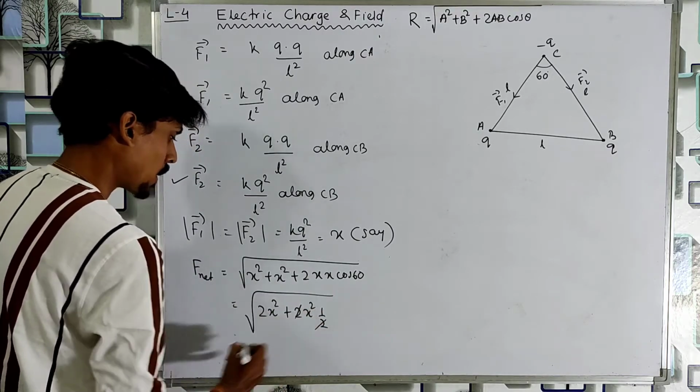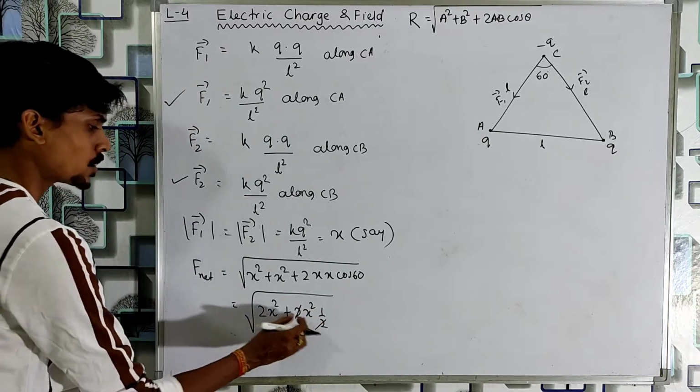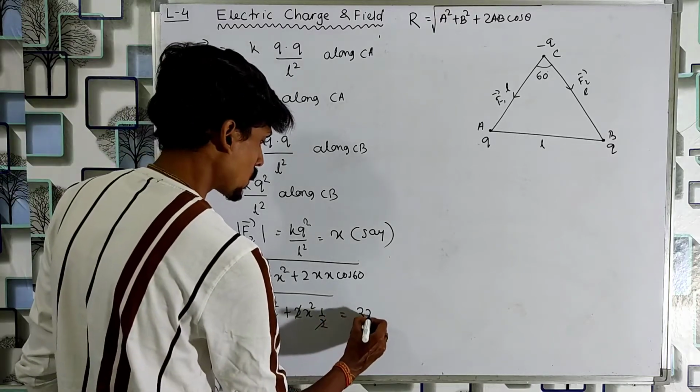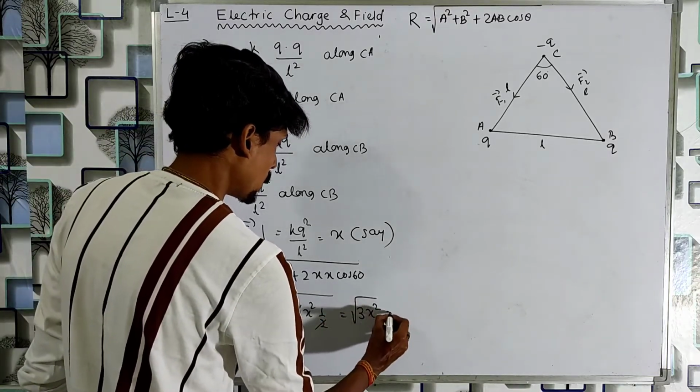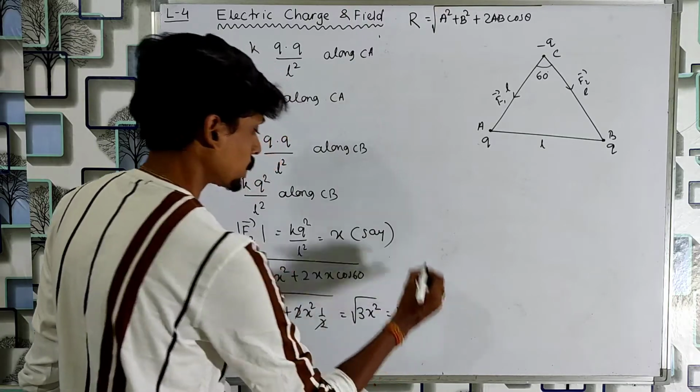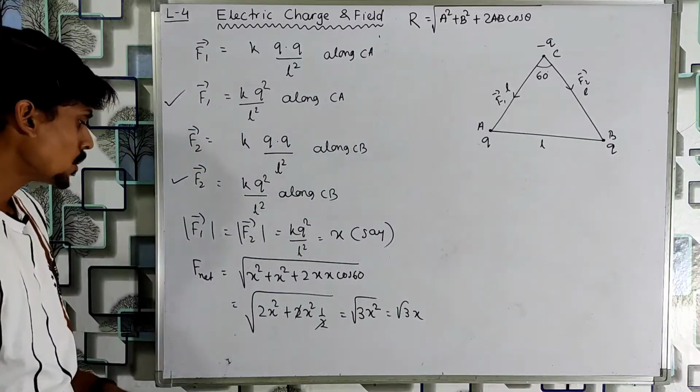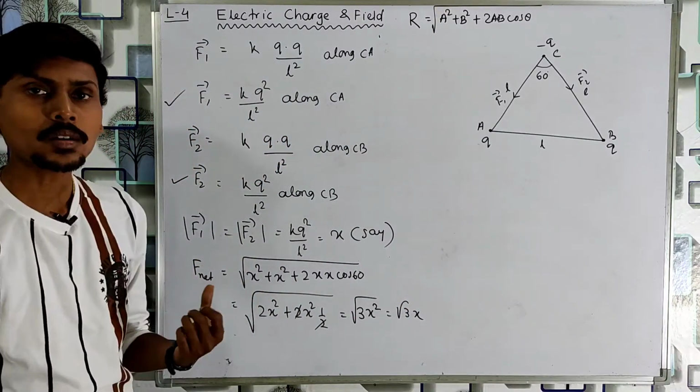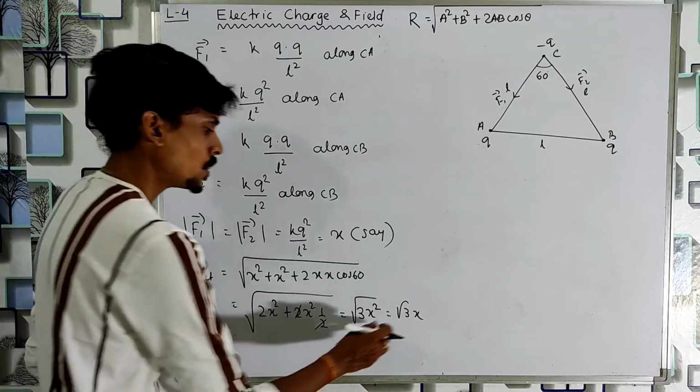So the 2 will cancel, and you get 2X square plus X square, which is 3X square, and the square root is root 3 X. Is that clear? So this is the magnitude of the resultant force, root 3 X.